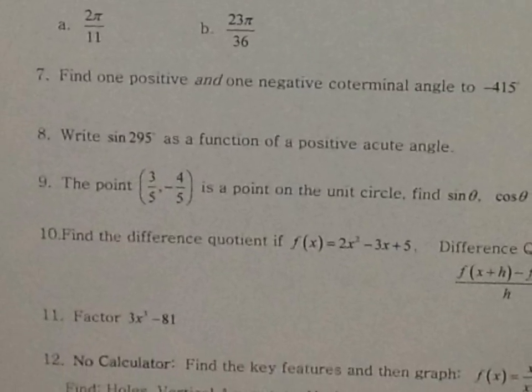Number 7 says, find one positive and one negative coterminal angle to negative 415. So remember, coterminal, you add and subtract 360 to get what you want. All right, so I'm starting off with negative 415.